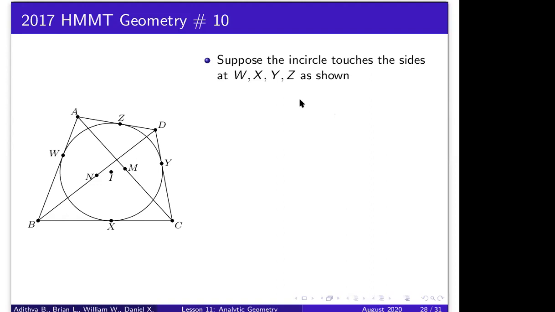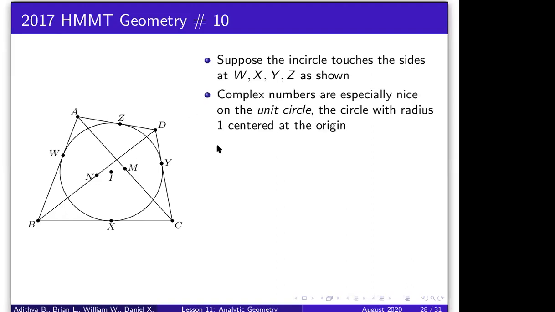But unfortunately, the lengths we're given make this impossible. We're given lengths in the teens, and that won't work out for the unit circle. However, what we want to find in the end is the ratio IM over IN. So if we scale this diagram, if we zoom in or zoom out, that won't affect the ratio. It'll affect the individual lengths, but the ratios will still stay the same.